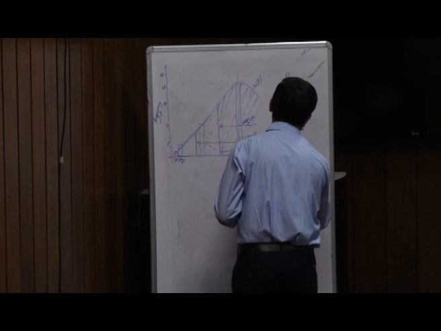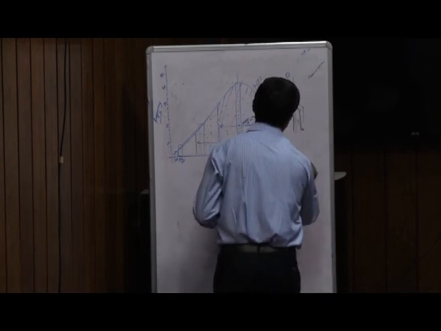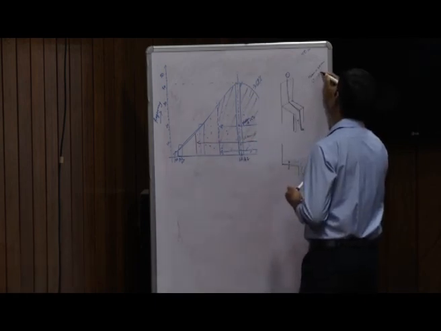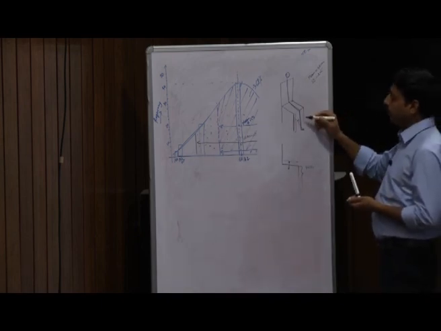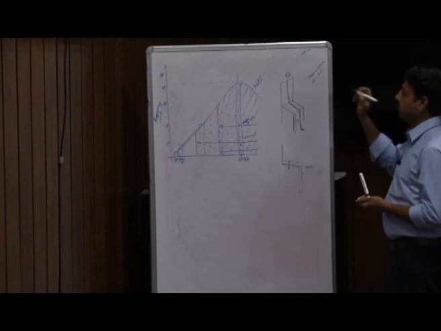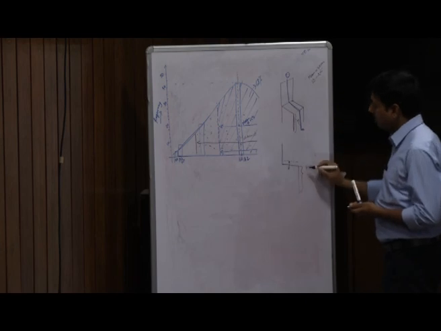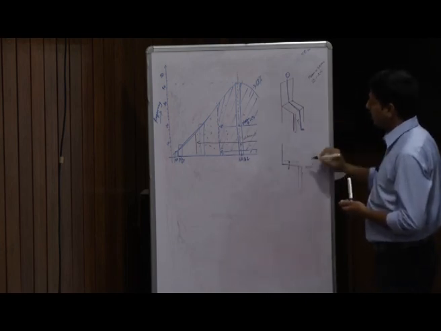Now if we increase this height, the standard deviation value for that anthropometric variable is 2. That anthropometric variable means popliteal height, or we can say leg height. So for popliteal height, the standard deviation value is 2. So from the mean, if we go 1 SD, that means 2 centimeter.